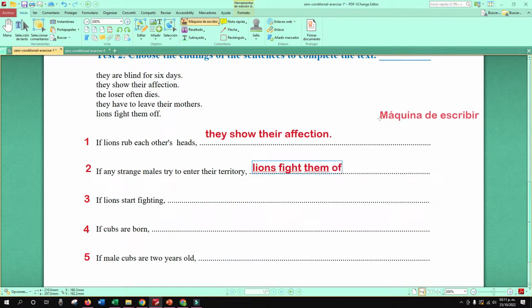Perfect. So, the condition, the result. If you notice here, we need the comma, right? There you have a comma and a comma. So, if any strange males try to enter their territory, lions fight them off. Very good. Thank you, Abi.